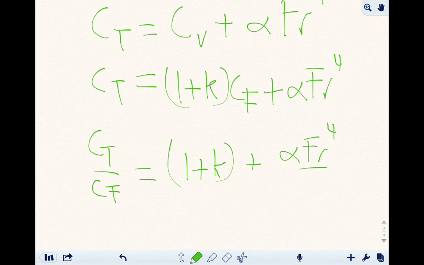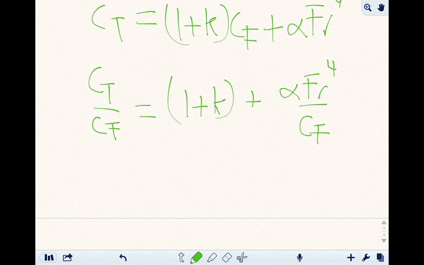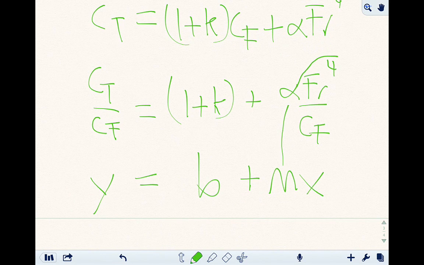Now, this is an equation for a line where I have y equals, written a little bit backwards, b plus m times x. The slope, m, is alpha. Your independent variable is this funny looking thing here, x.